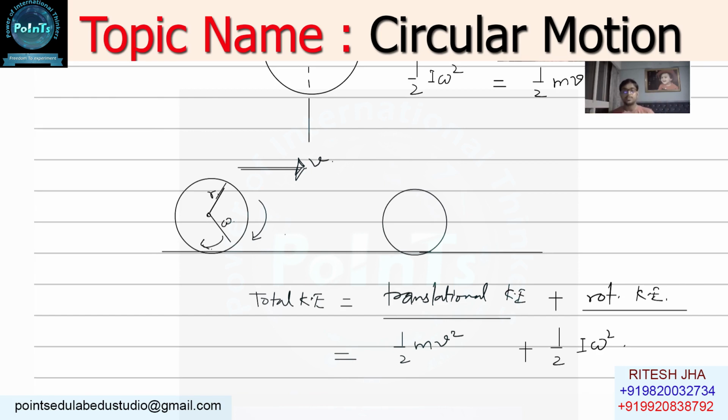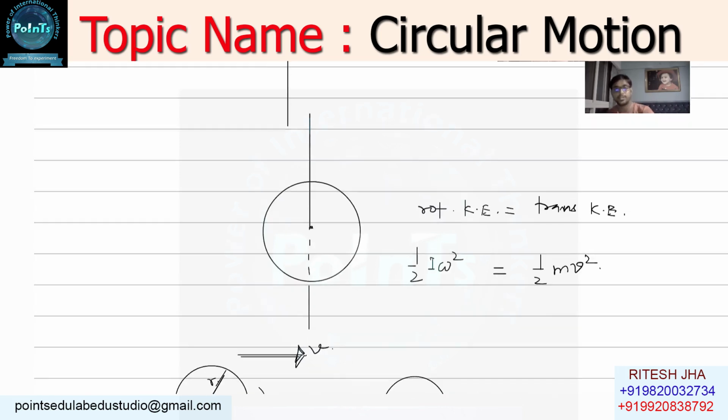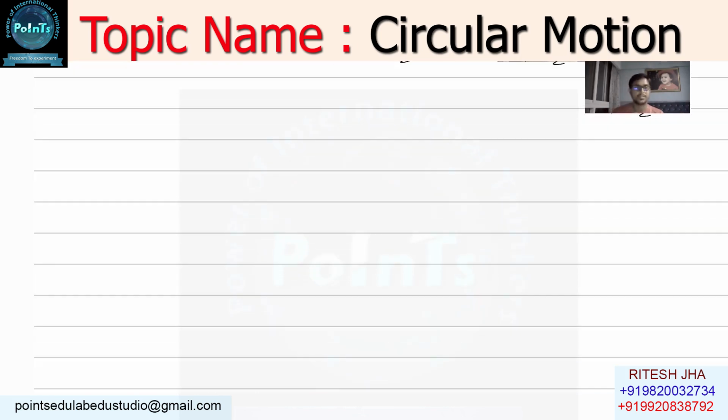Now, this I here, in the earlier case I actually got this I to be m r square. This is fine for superficial understanding, but in fact it has a little more complex definition.